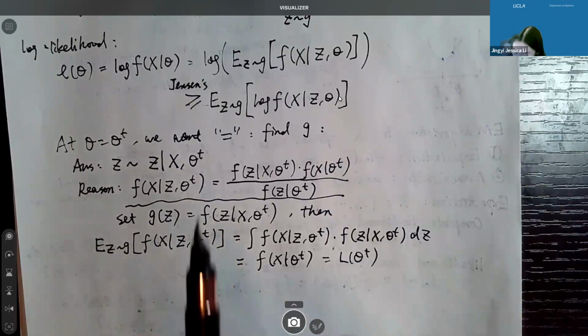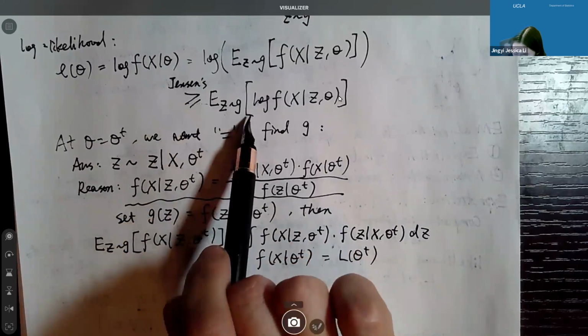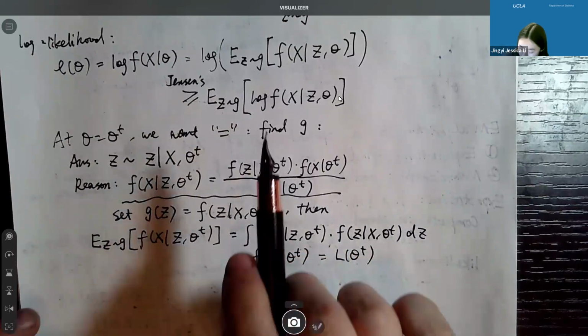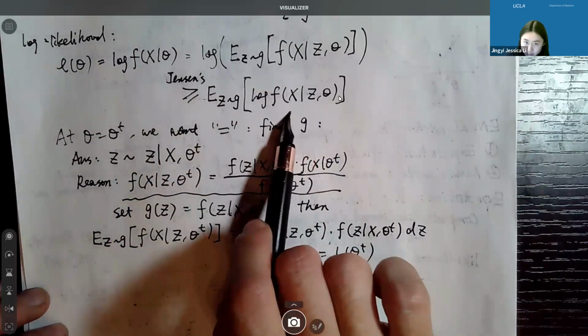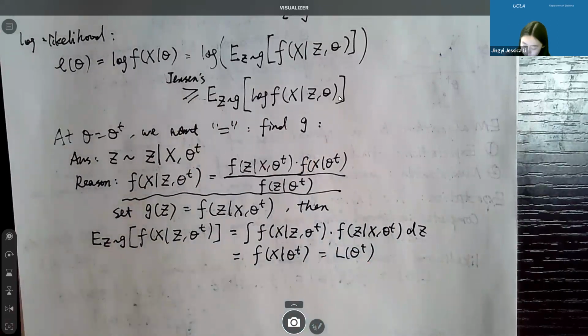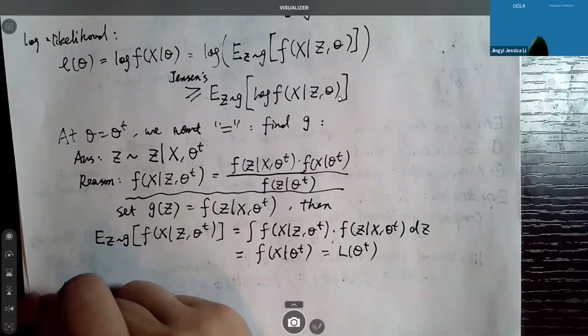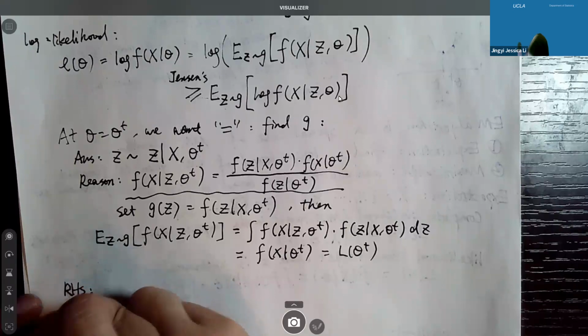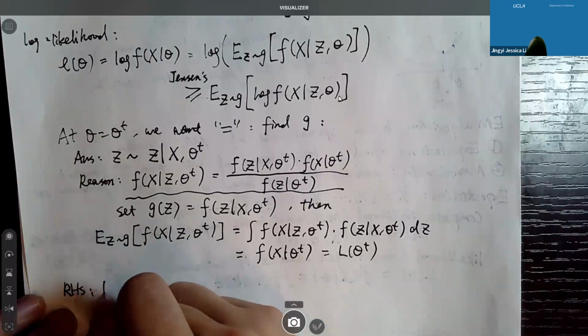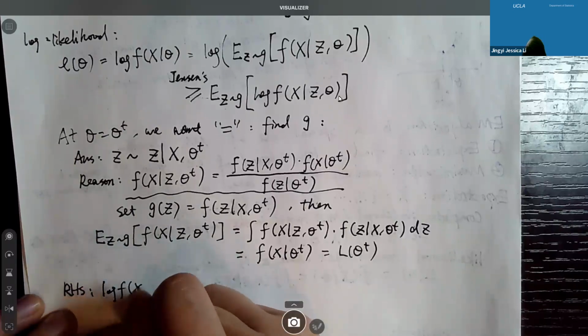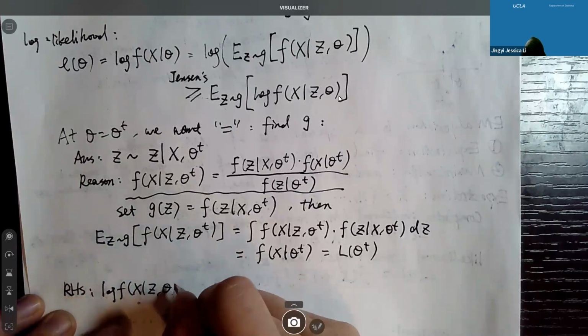So with the inequality going this way, for the right-hand side, let's say we have log f(x | z, theta).